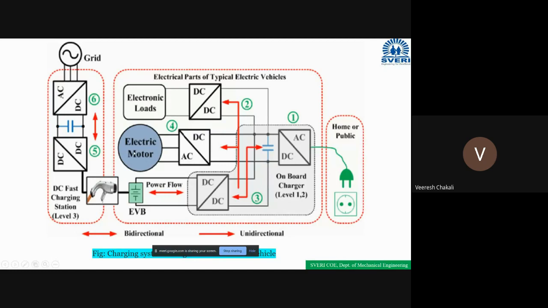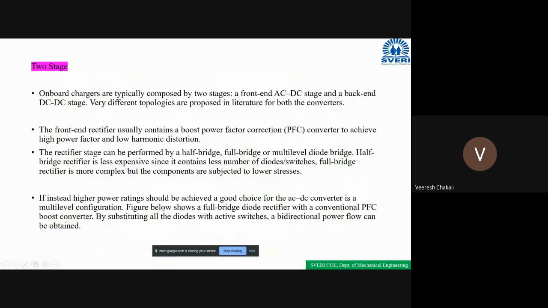When the supply is given to the electrical motor, the motor will start and the vehicle also moves. Clear? This is the simple circuit diagram of the onboard chargers and offboard chargers. The power flow levels of the onboard and offboard chargers.